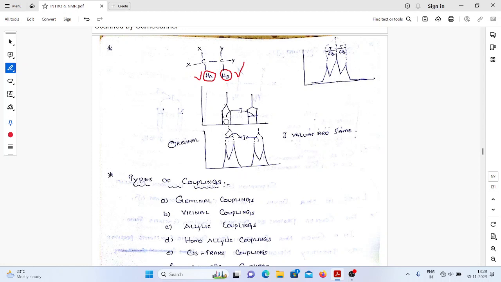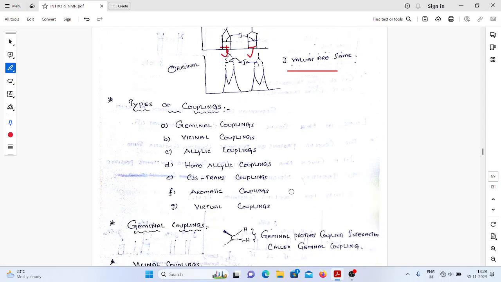Whatever J value we have for HA, the J value for HB is going to be the same. So whenever we have the same coupling constant for different protons, then we can say that those protons are adjacent to each other.